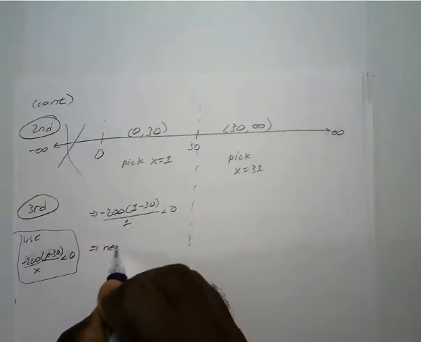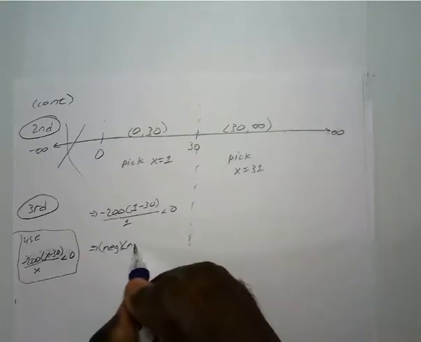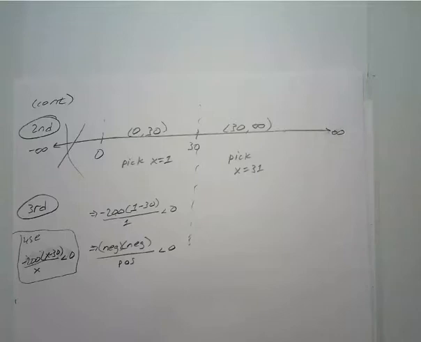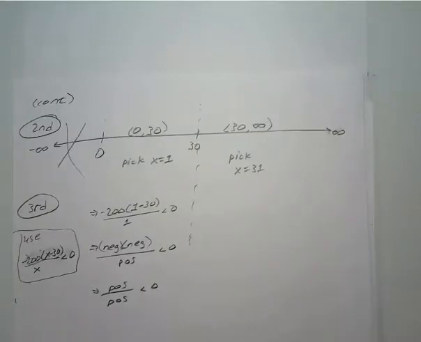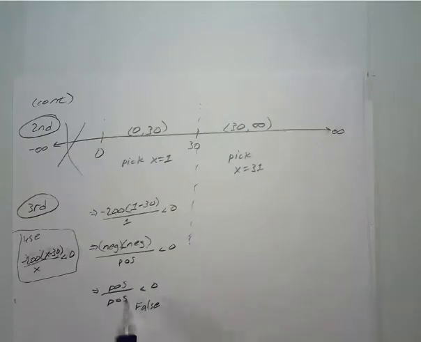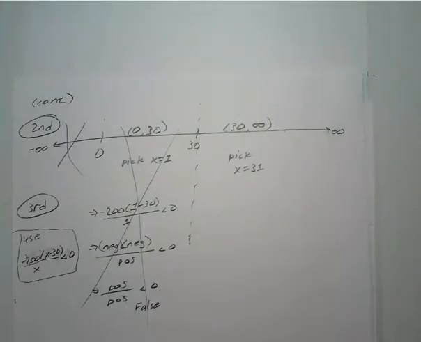So we have a negative number, which is the negative 200. 1 minus 30 is also a negative number, all over a positive 1, less than 0. Negative times negative is positive. So we have a positive number divided by a positive number, which is less than 0. Which is false, because positive divided by positive is positive, there's no positive number less than 0. Okay? We can cross that one out.